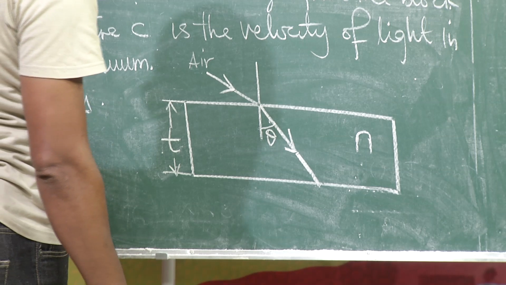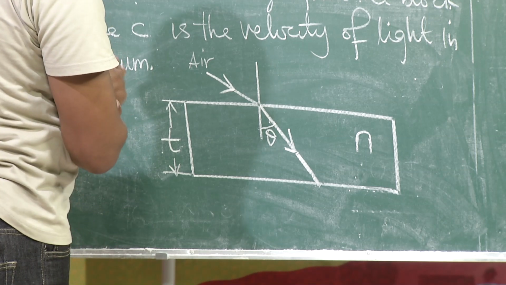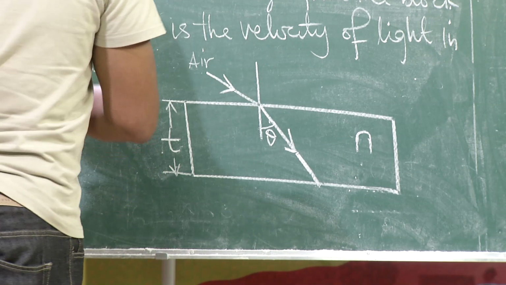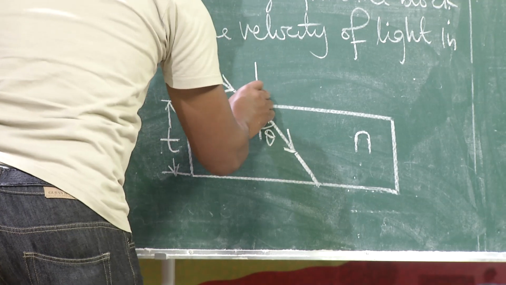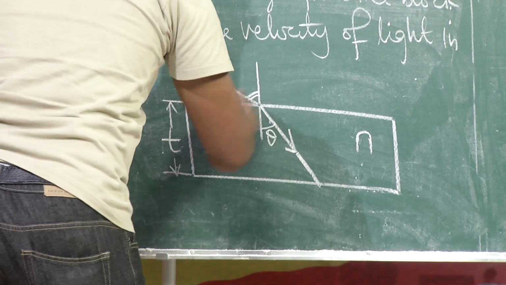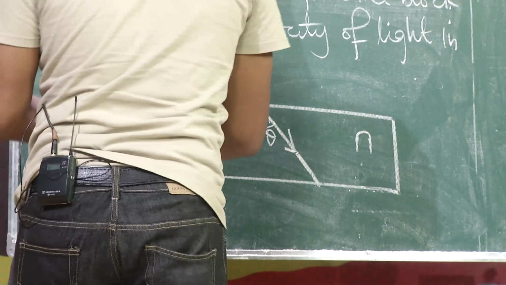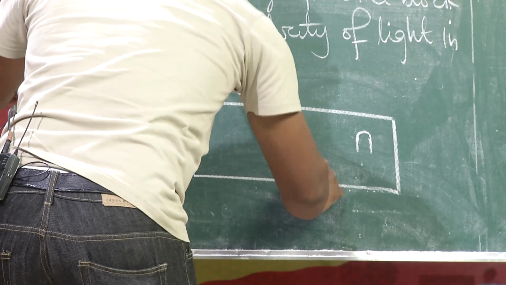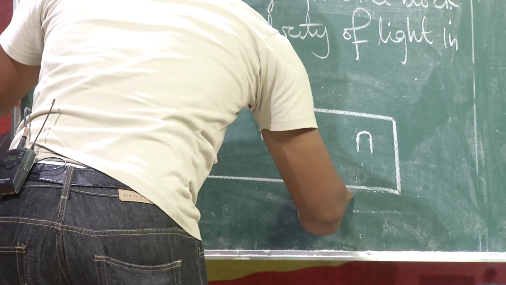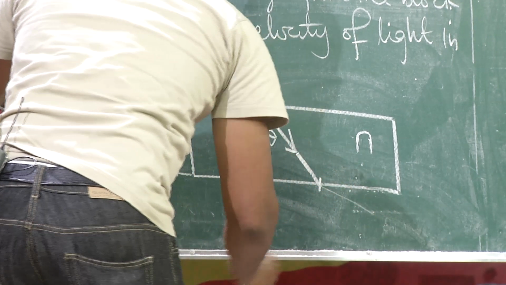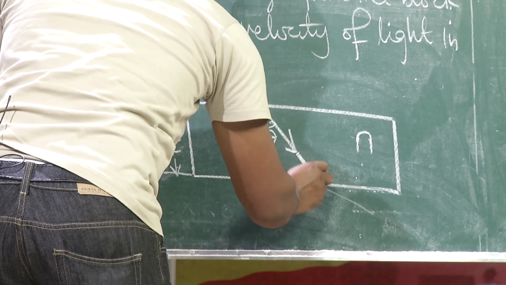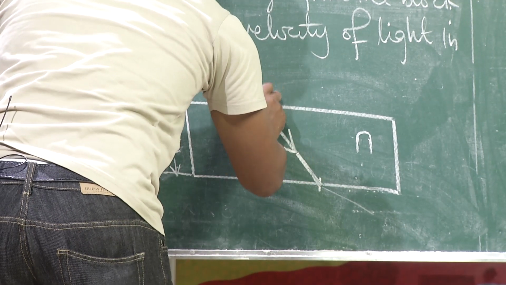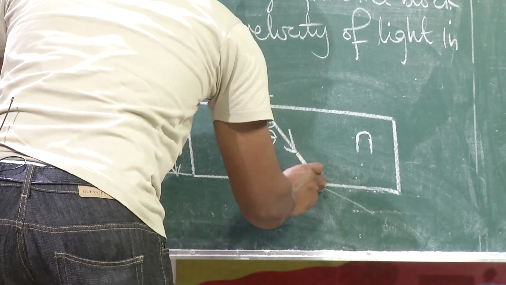They are saying we should show that it takes a time nt sec theta over c to emerge. Of course, this would be the angle of incidence, and this light would definitely emerge from here. But our interest is the time it takes inside the glass block, which should be the time taken along this length.